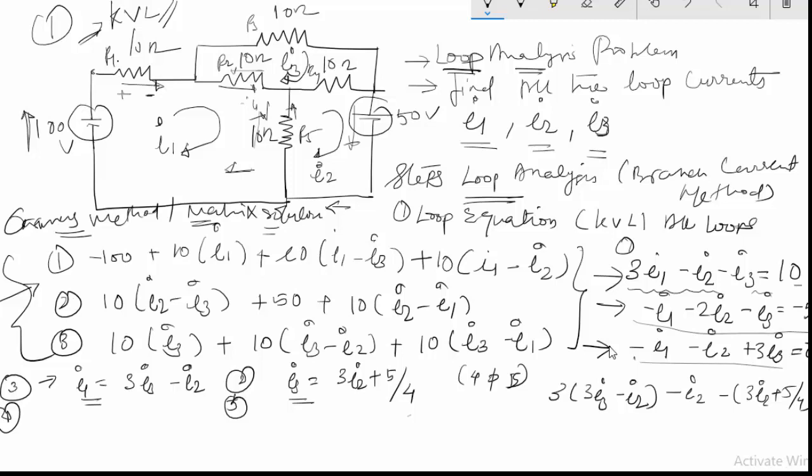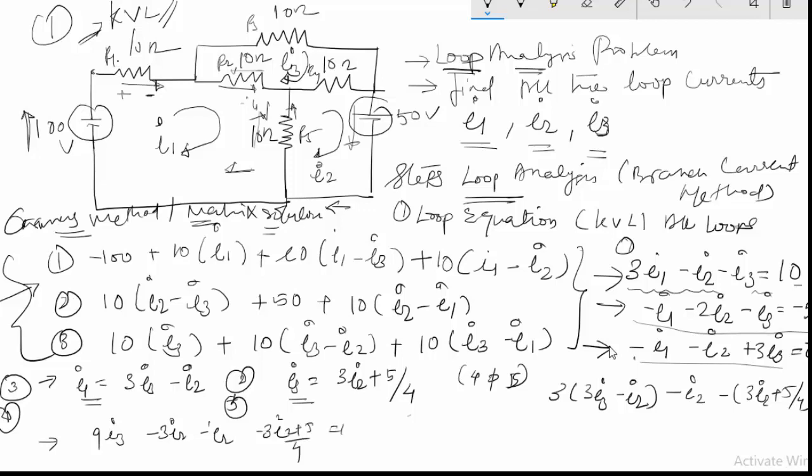This is equal to 10. When you do that, you get 9I3 minus 3I2 minus I2 minus (3I2 plus 5) by 4 equal to 10.